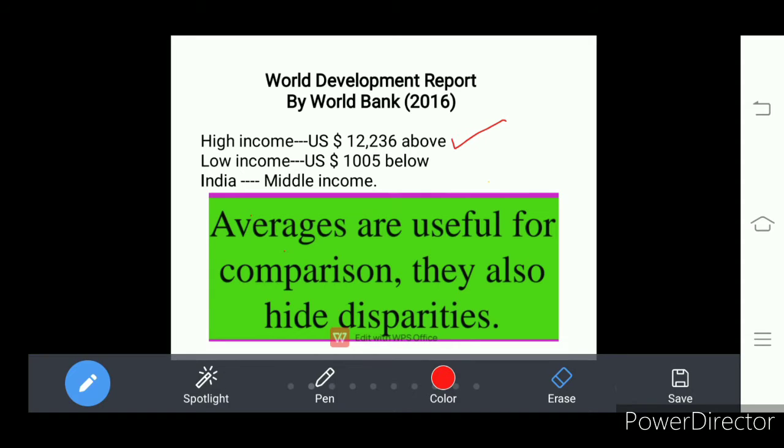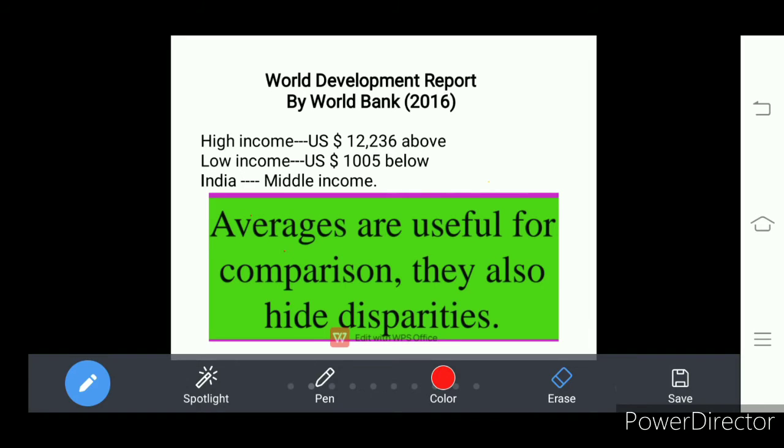In examination, you may find one question: what is meant by World Development Report? Or one more question you will find that which of the countries are high income group countries as per the World Development Report? Okay, so in this way it is the World Development Report prepared by the World Bank to classify or compare the countries.